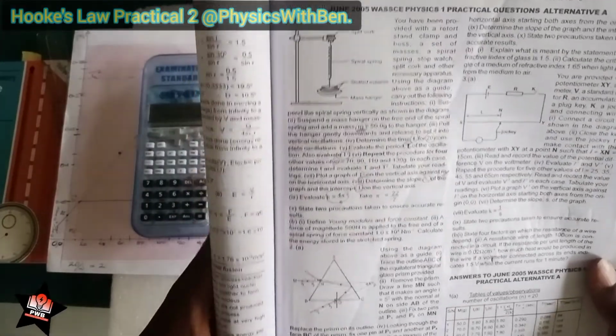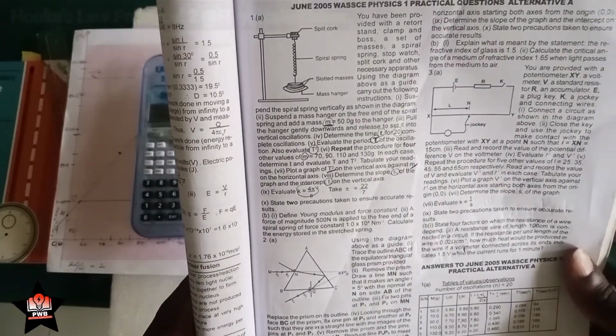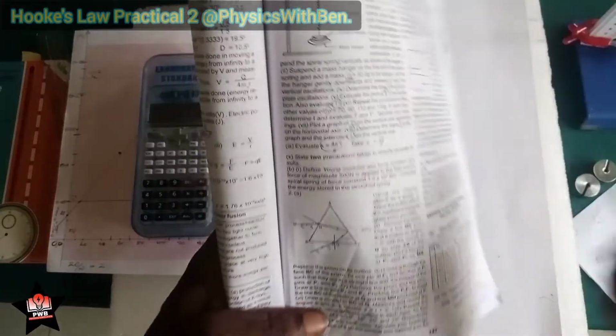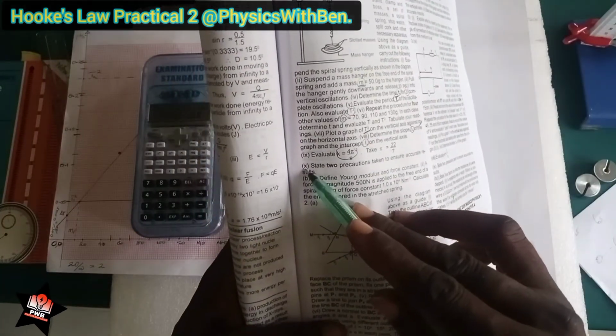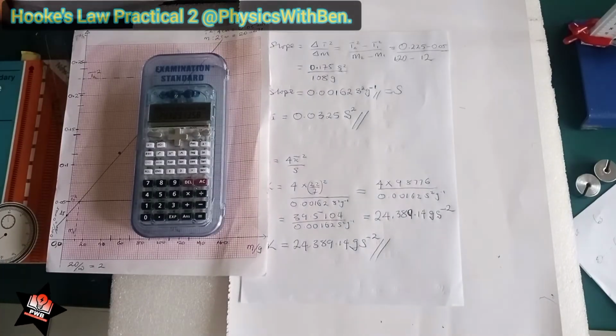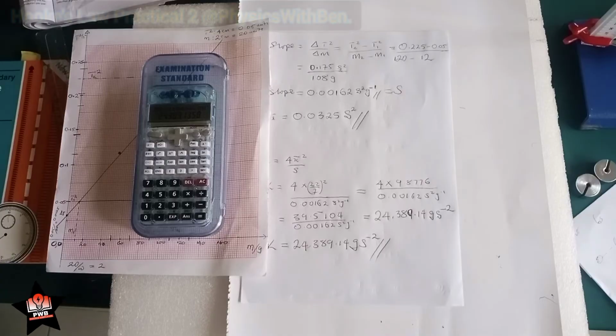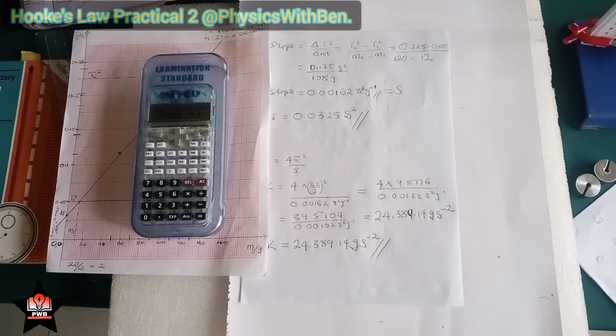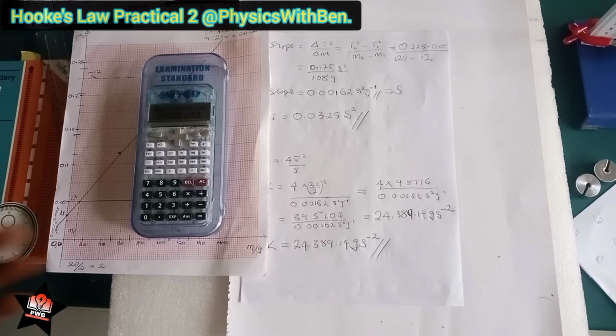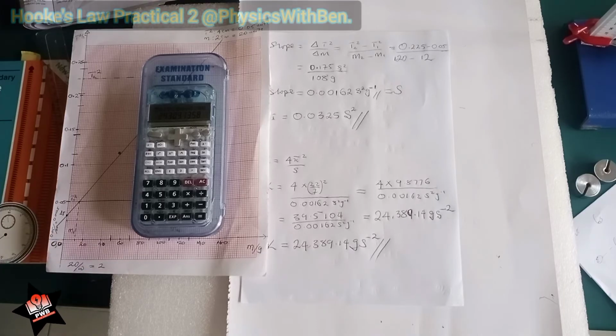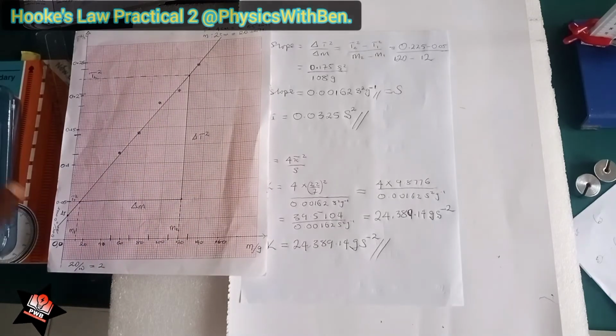The examiners ask us to state 2 precautions taken to ensure accurate results. So precaution number 1, I avoided error due to parallax when taking reading on the meter. I avoided error due to parallax when taking reading on the stopwatch.